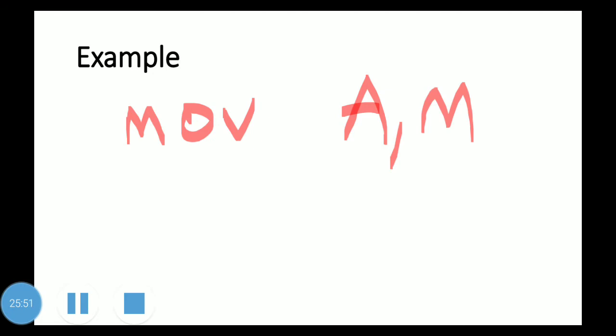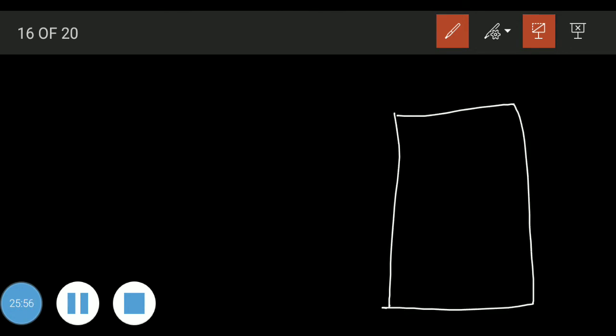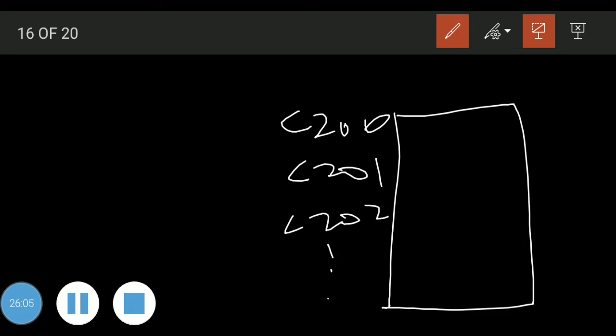Suppose I have one memory location. This can be a continuous block from C200, C201, C202, like this, an infinite number of memory locations are present. Now if I want to take the number from memory location, suppose in C200 there is a number 01.